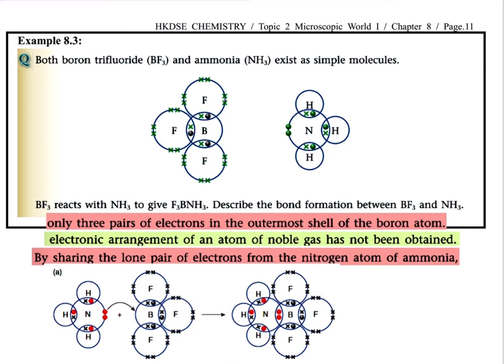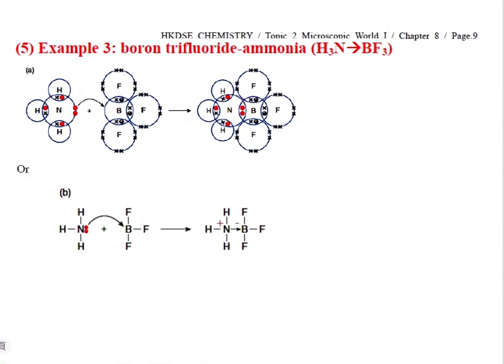Only 3 pairs of electrons in the outermost shell of boron originally, so not octet, and the electronic arrangement of an atom of a noble gas has not been obtained. By sharing the lone pair of electrons from the nitrogen atom of ammonia, by sharing these two electrons, the boron can now attain noble gas structure. Alright?